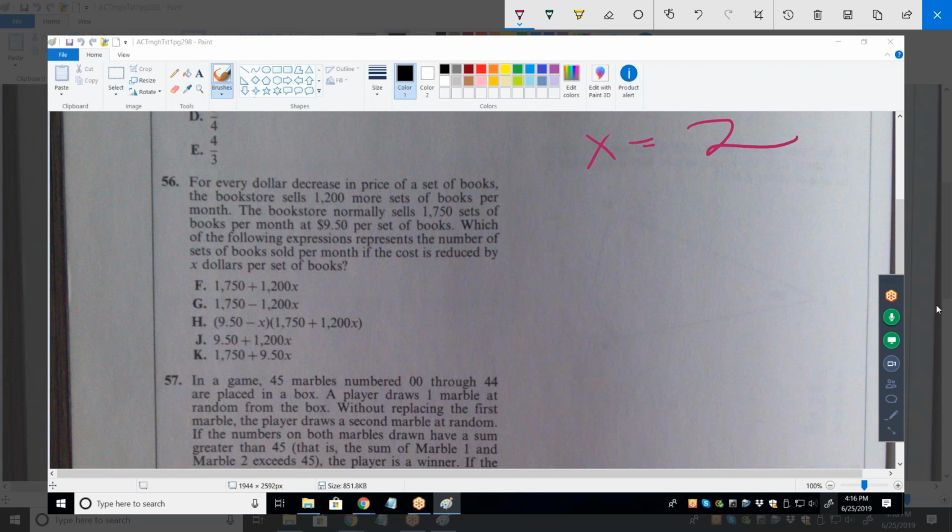Okay, 2. So, let's see. The bookstore normally sells 1,750 sets at $9.50 per set. What income is that? Let me get my calculator. This is their normal income. That is going to be 16,625.